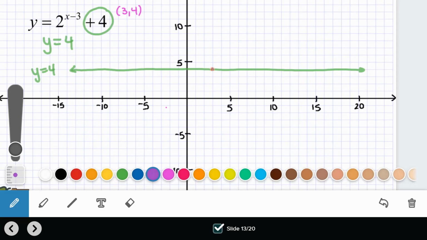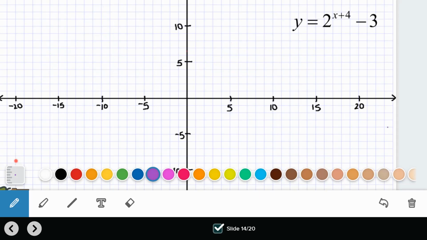So this is where I'm going to start. This is where I'm going to go 2 to the 0, which is 1. Okay. So that's always my A away. In this case, 1 away because my A is 1. But it's also 2 to the 0, which is 1. 2 to the first is 2. 2 to the second is 4. But again, I'm doubling: 1, 2, 4, 8. And then I can connect my points. And there's my graph.